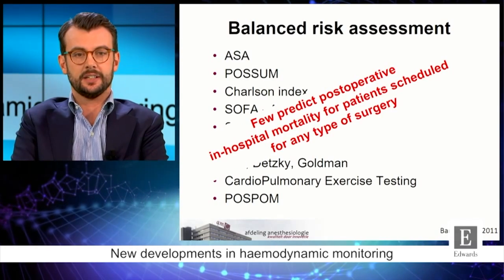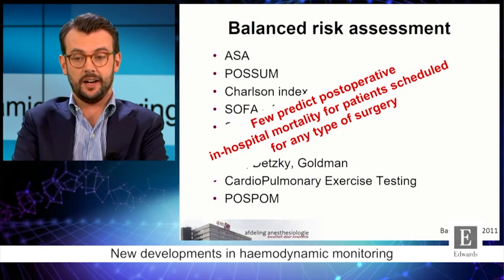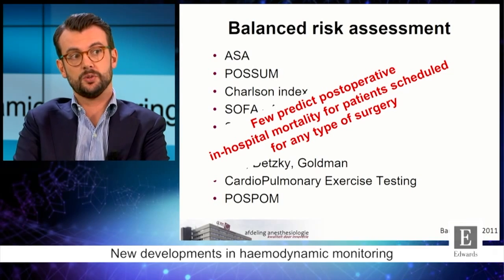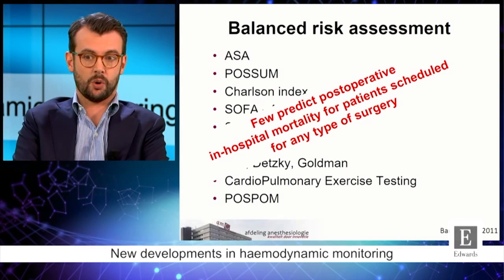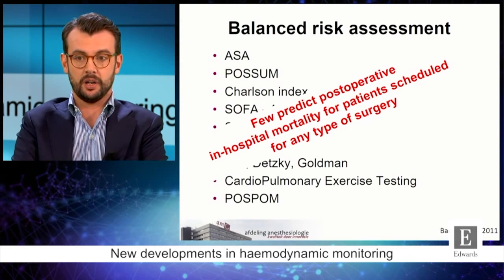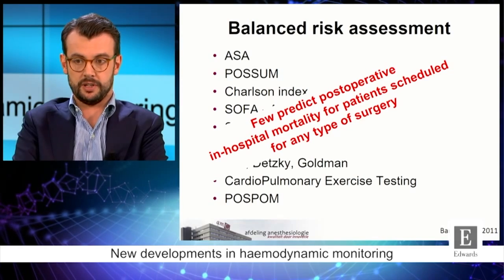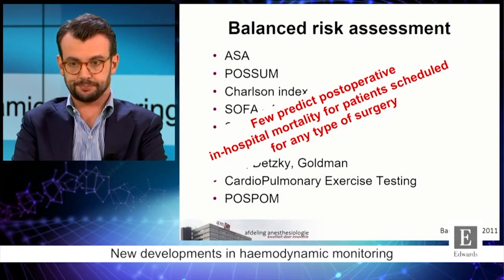But ultimately, not all of them do rather well, or most of them actually don't assess risk to the point that we want. ASA score, I think everyone knows and sees it every day that it's not a proper assessment of risk and stratification of risk for the postoperative setting.